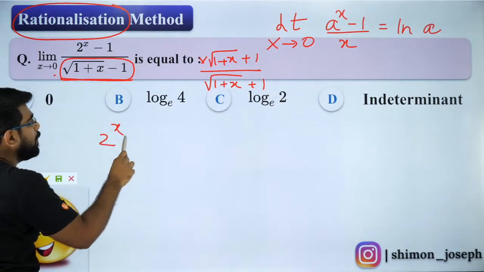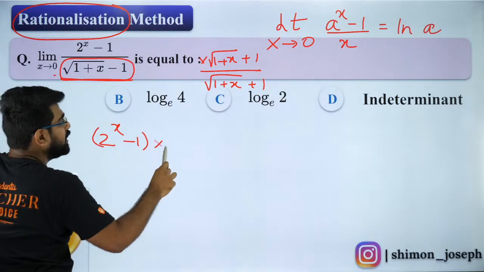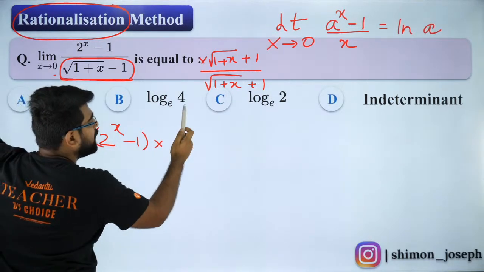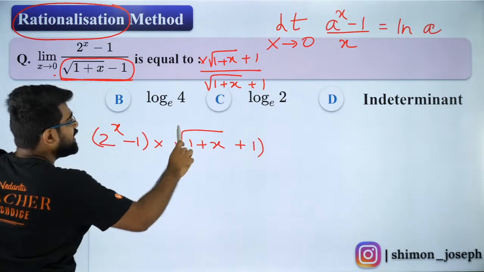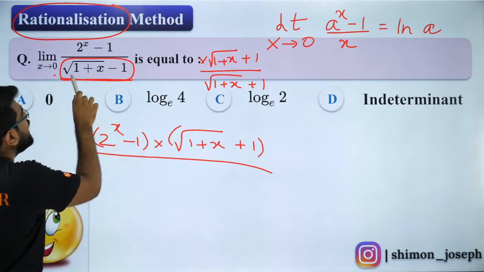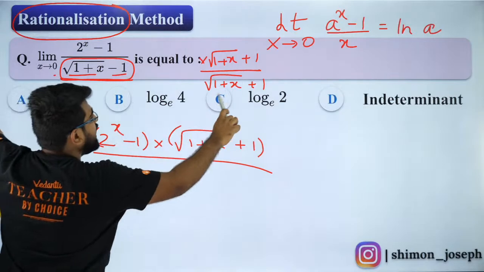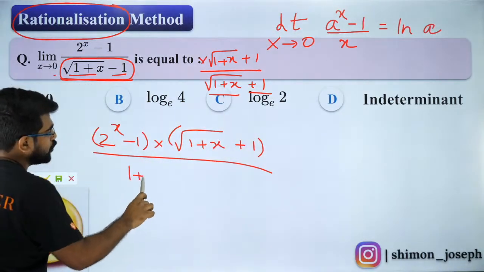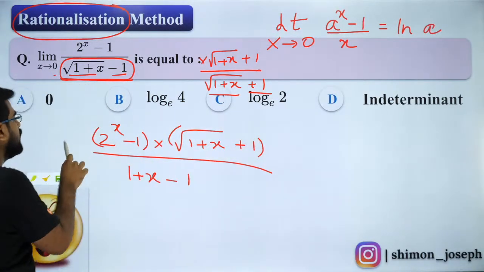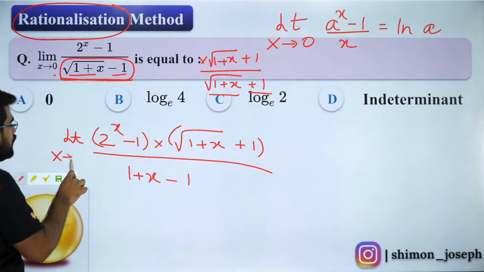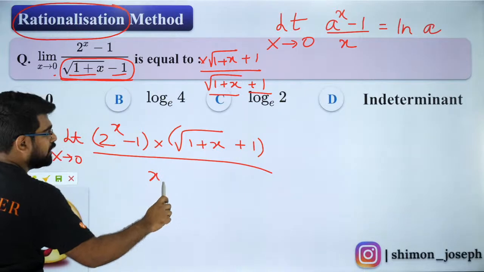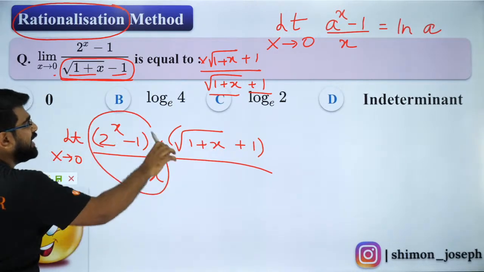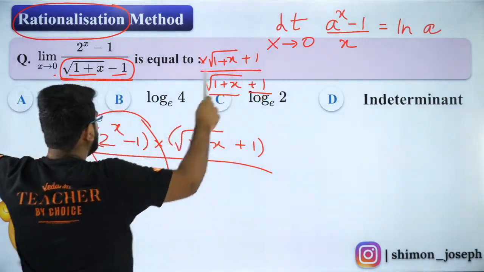So the question will now become (2 power x minus 1) into (root of 1 plus x plus 1) divided by, the denominator will become (a minus b) into (a plus b). So it will be a square minus b square, limit x tending to 0. So 1 plus x minus 1 will become just x. Now this can be combined by using the formula I gave you.